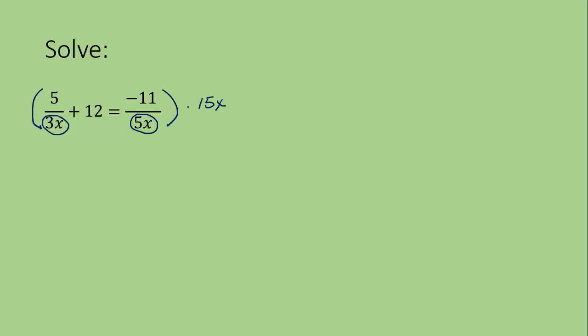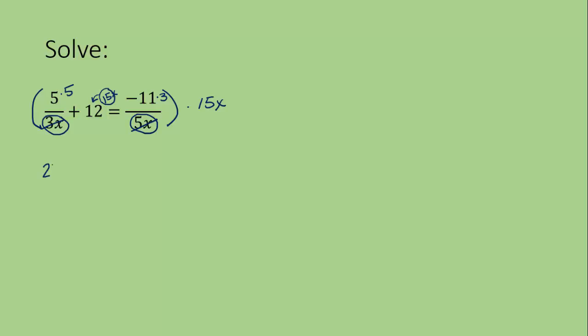Now let's see how much we can reduce from every term. The 3x reduces and leaves 5 as a factor. Nothing reduces for the middle term, so I'm going to multiply by the entire 15x. And in the last term, 5x reduces, and that leaves 3 to multiply by. Let's simplify this.